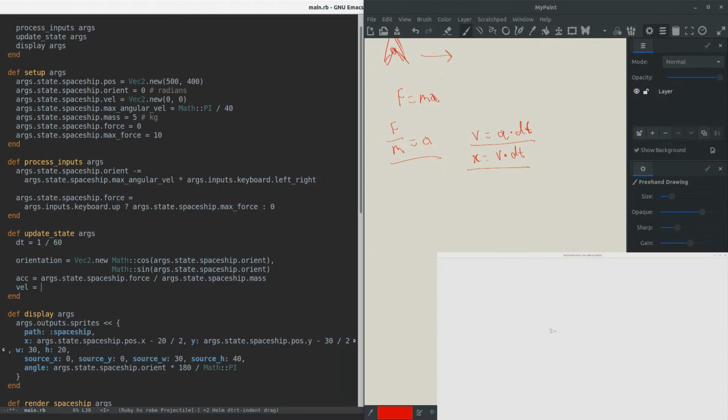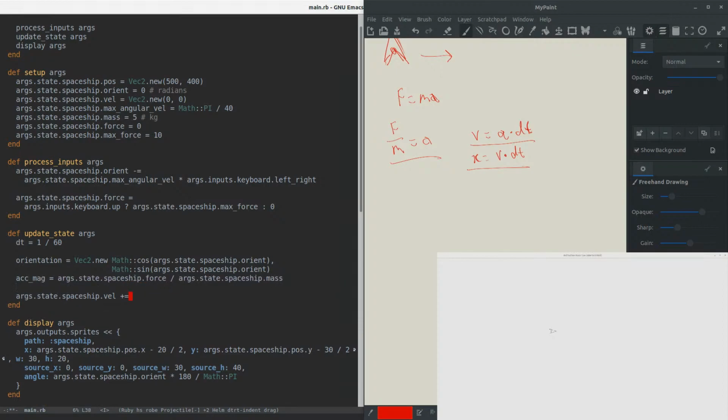So args.state.spaceship.velocity plus equals... we have the force over mass, and this is just our magnitude for the acceleration. So we do need to put this in a vector.